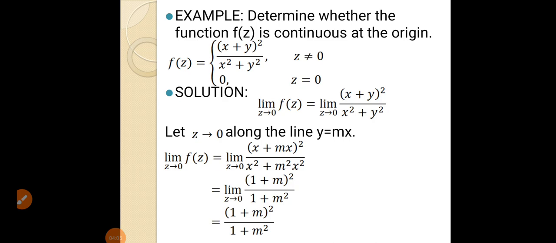We take x common and cancel it from numerator and denominator, then we get the limit as z tends to 0 of (1 + m)^2 / (1 + m^2).